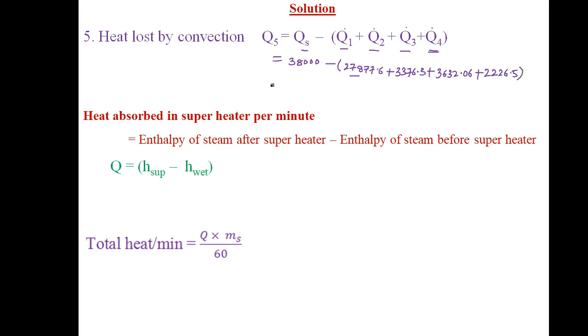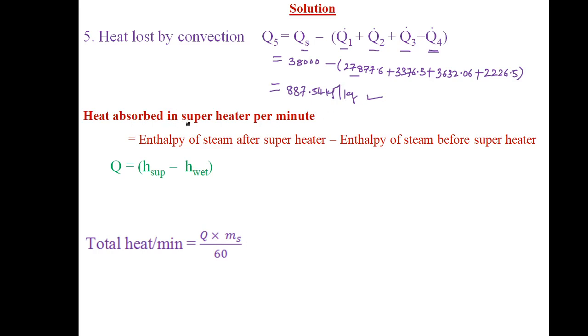On simplification, we get the amount of heat which is unaccounted, 887.54 kilojoules per kg. So this much heat is not accounted for, which means it is lost by convection and radiation.